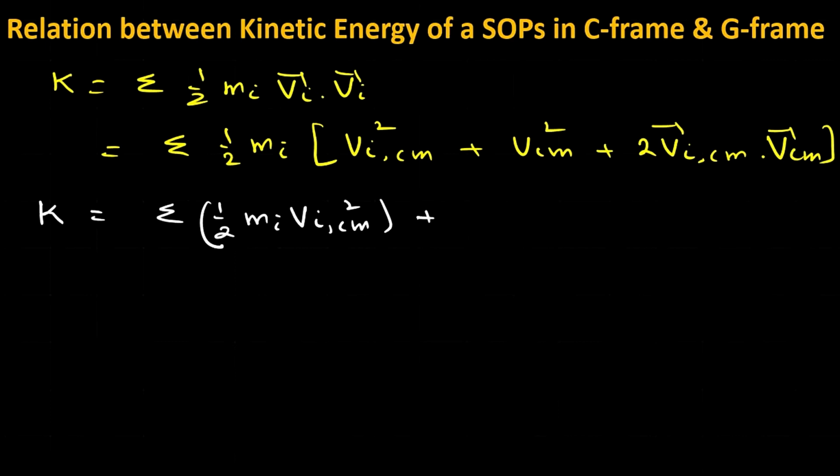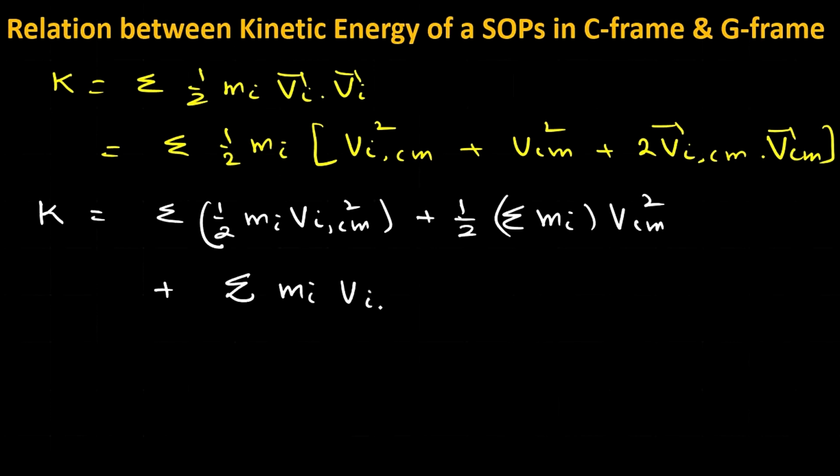So half, summation of mi, and then vcm squared. And in the last term, again I'll take vcm outside the summation, and this 2 and the half will cancel, so that will become the summation of mi vicm, and vcm I have taken outside the summation like this.